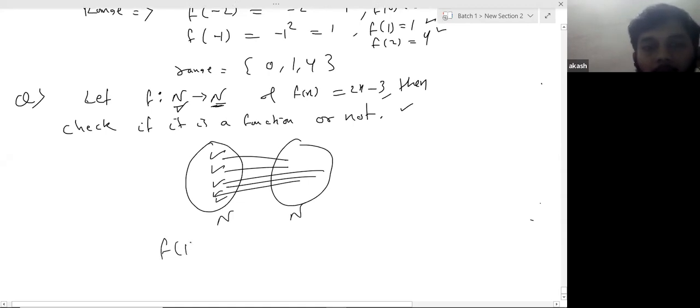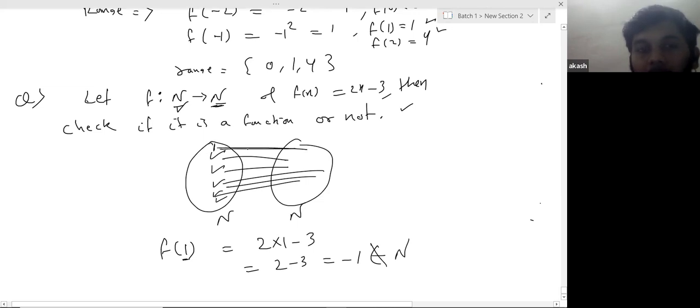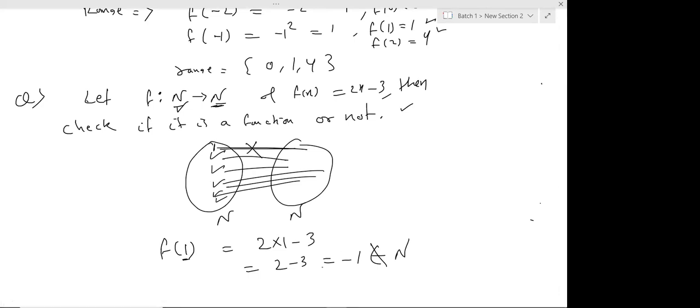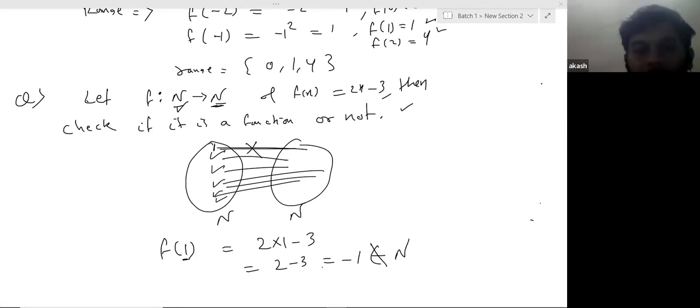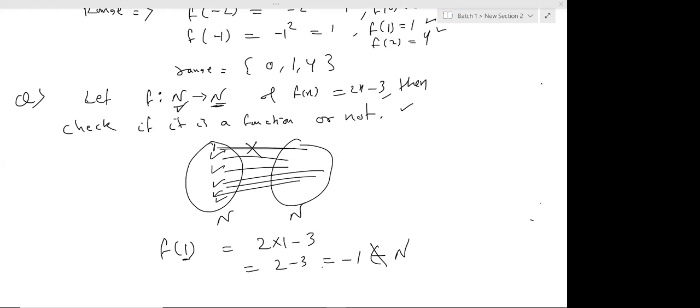If I put f of 1, I'm getting 2 into 1 minus 3, that is 2 minus 3, that is minus 1. This does not belong to N, so 1 is not connected to any member. So this cannot be a function. Is this clear to everyone? Yes, sir. All right.